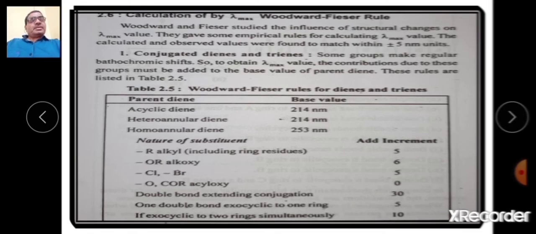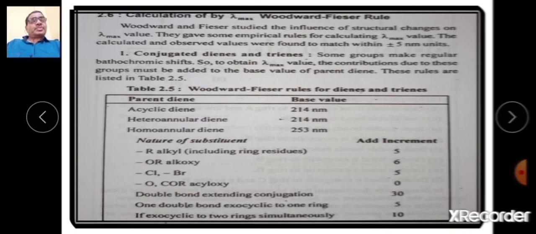And when the parent diene is a homoannular diene, then the base value is quite increased, it is 253 nanometer. Thus, these are the base values for these three types of dienes. Now, these dienes have substituents, and these substitutions also show an increase in the wavelength. How the increase is, we are going to see one by one.